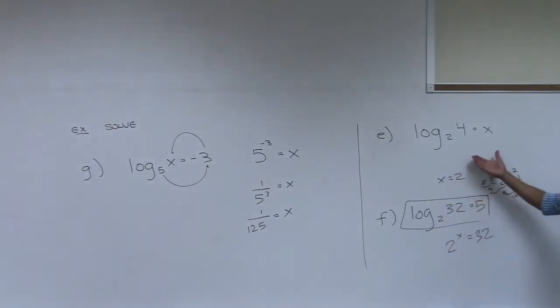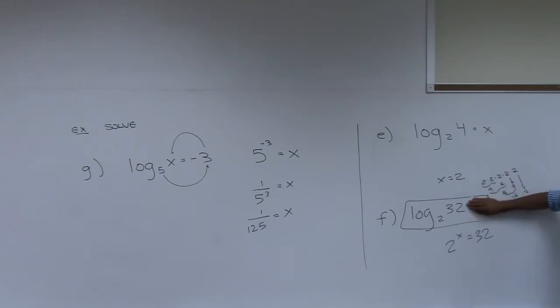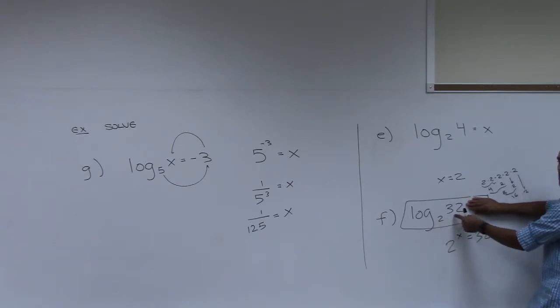See, look at the position of x here. x was on this side, right? So we just had to say to ourselves, all right, 2 to what power is 4? And you said 2 squared. Here, I just gave you log base 2 of 32. I didn't put an x there. But you ask yourself the same question. 2 to what power is 32? So you come up with 5.